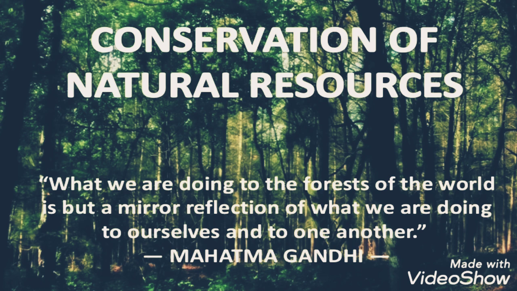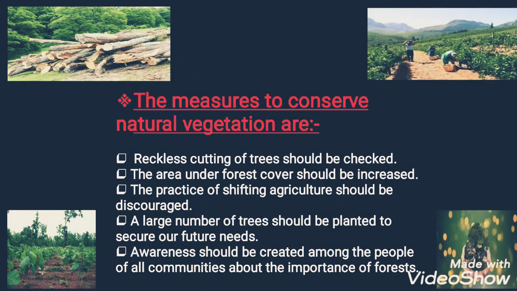The measures to conserve natural vegetation are, first, reckless cutting of trees should be checked. Yes, so everywhere these forests are cut down for what? For settlements, industries and for fuel purposes also. So we must check it so that reckless cutting of trees shouldn't be done.